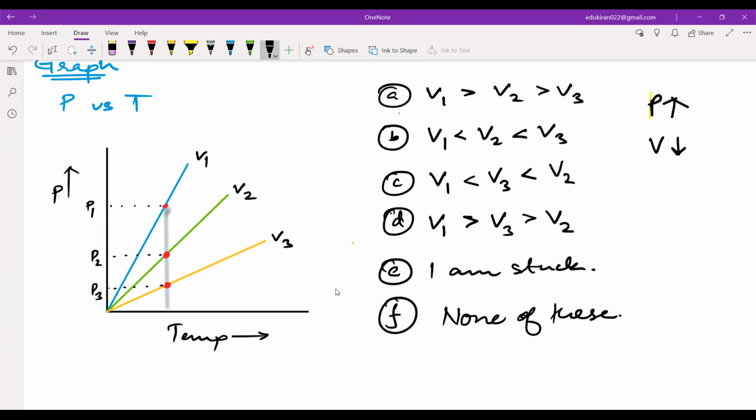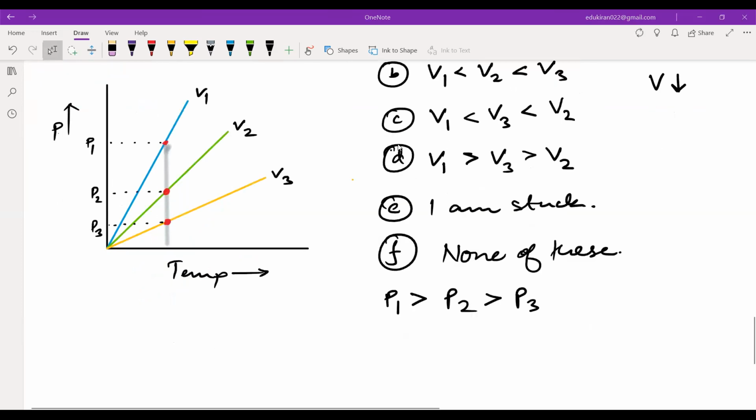Now you tell me which has the highest pressure, P1, P2 or P3? P1. After that? Okay. Now tell me which will have the lowest volume?